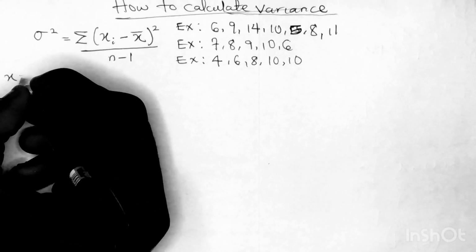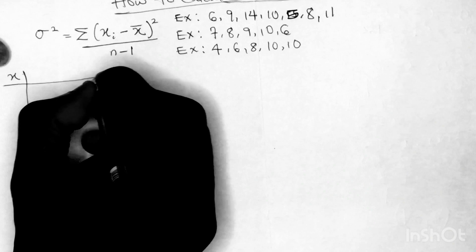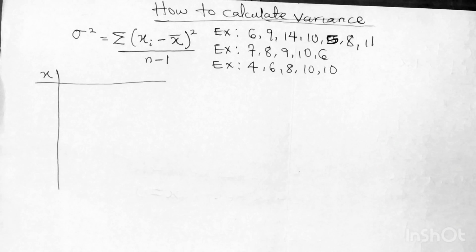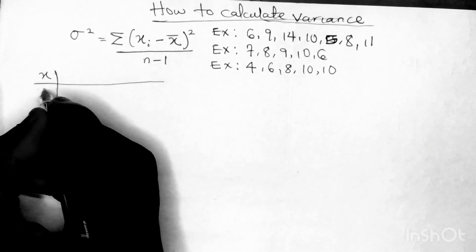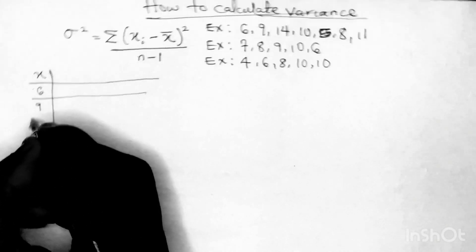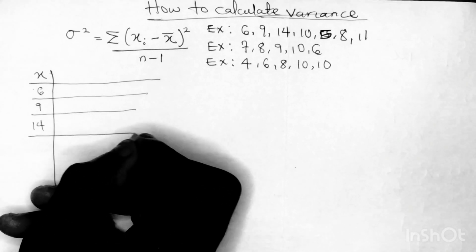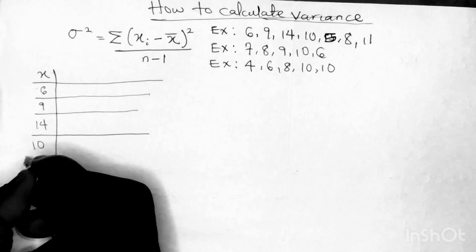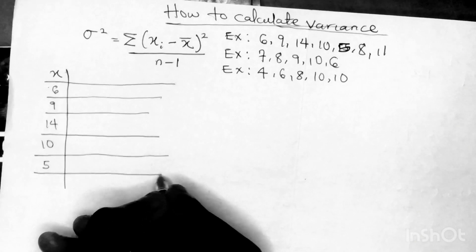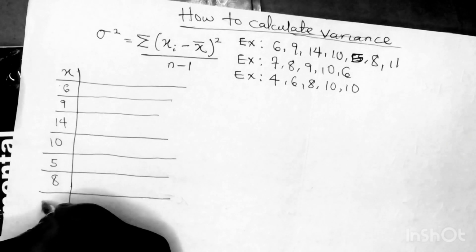So x is 6, 9, then we have 14, then I have 10, then I have 5, and I have 8, and after that I have 10.